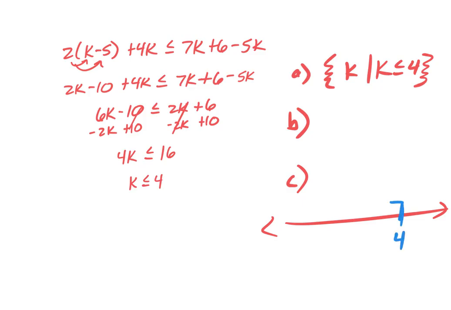Okay, this time it's equal to, but it's going to the left. So my bracket is going to be up to 4, but we're going to open it to the left and we're going to shade to the left.